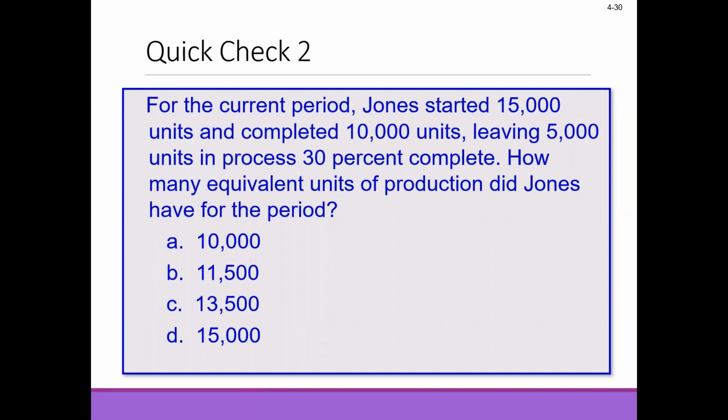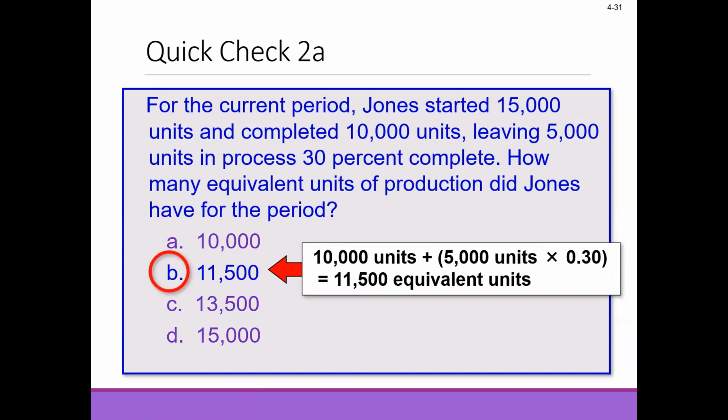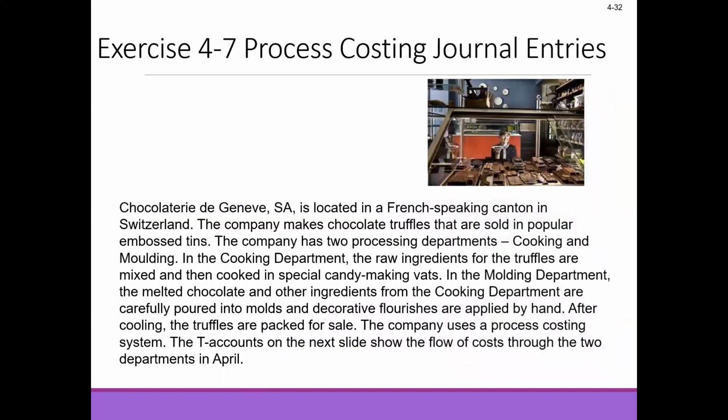B? Who said B? Right, excellent. The 10,000 completed units plus those 5,000 units at 30%, 1,500 units, would give us 11,500. Now, you know me, problem after problem.